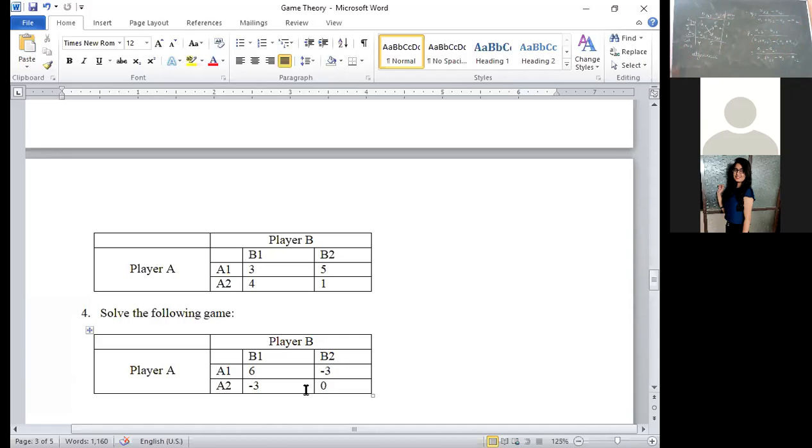These are the formulas, students, you have to remember. You don't want to write this thing every time. This we will call D, that is nothing but the diagonal elements of the payoff matrix. What is P?